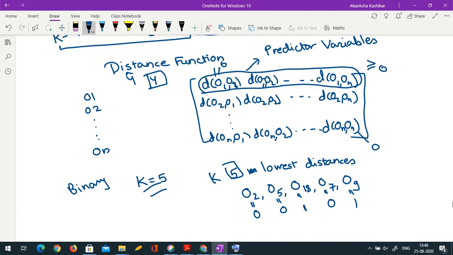Now I have located the k nearest neighbors of the first observation, and out of those k neighbors, 3 neighbors are from class 0 and 2 neighbors are from class 1. So the majority of the neighbors are from class 0. Hence, in that case, I would put my y hat at 0. Is it clear what I am trying to do?